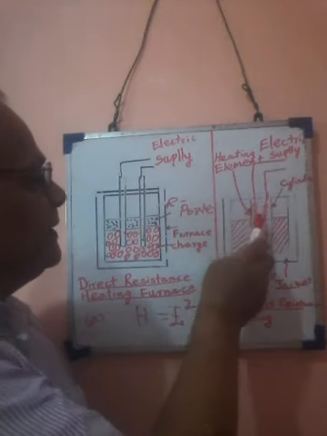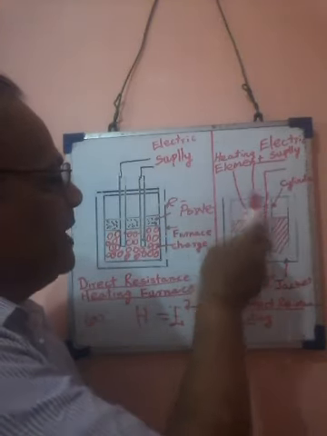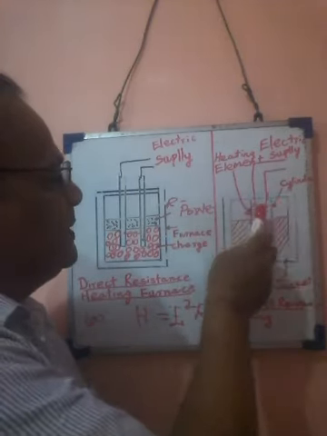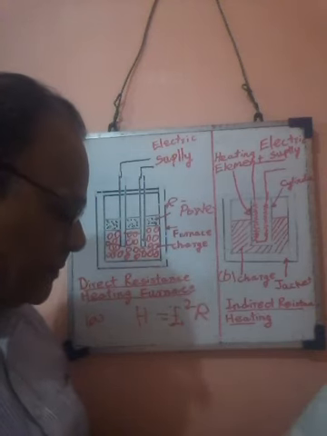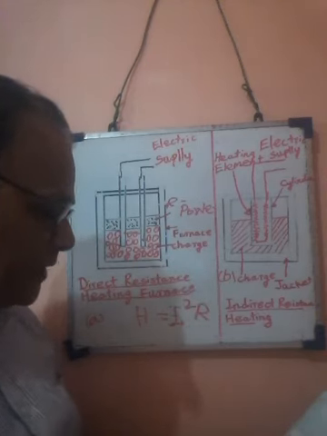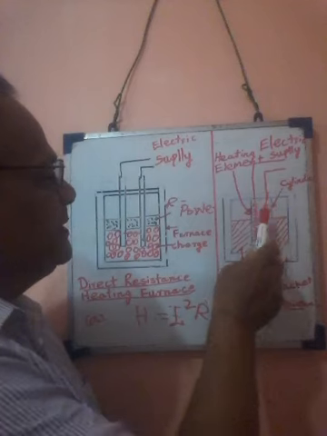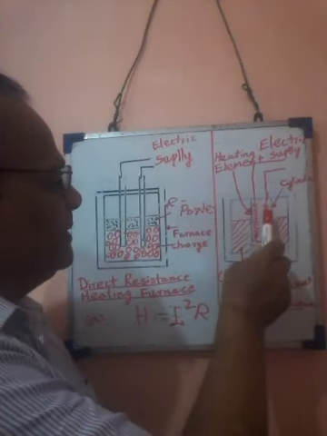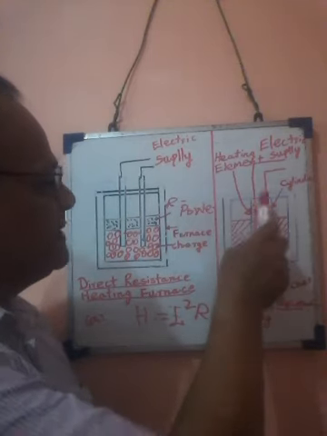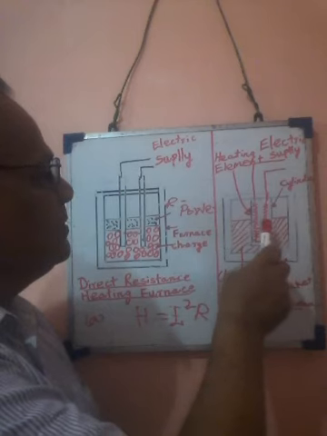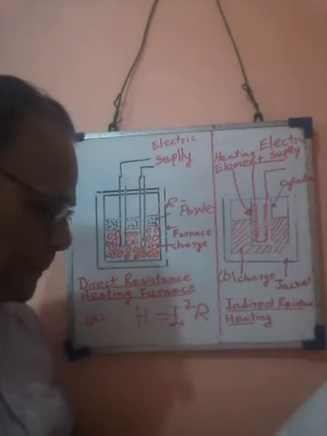For example, in a filament bulb there is a tungsten filament, and the tungsten filament has this quality because of its low temperature coefficient. If the temperature is high, there is no resistance variation. It is a good heating element.